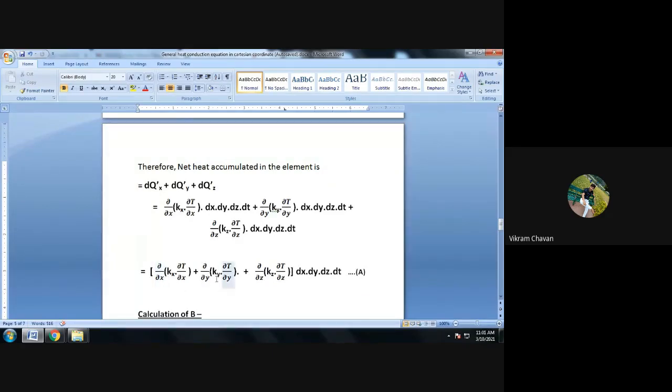That will be part A of our equation, that is the net heat accumulated inside the element from all directions. That will be our equation number A.